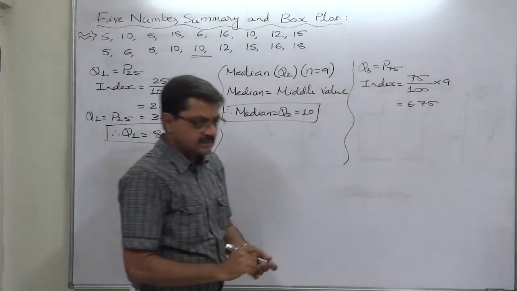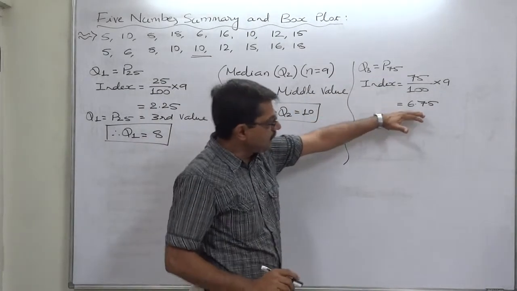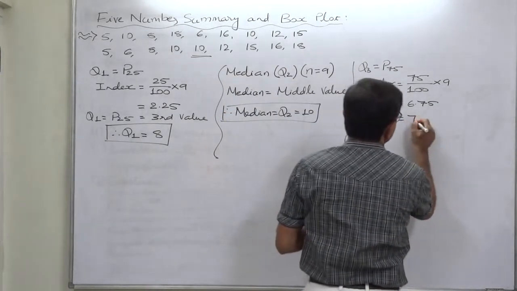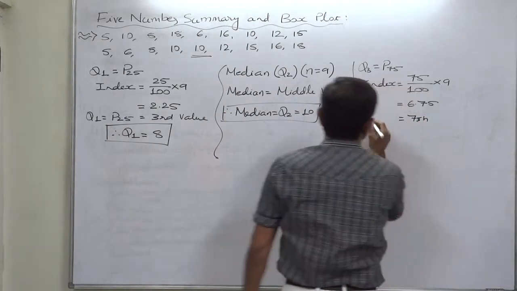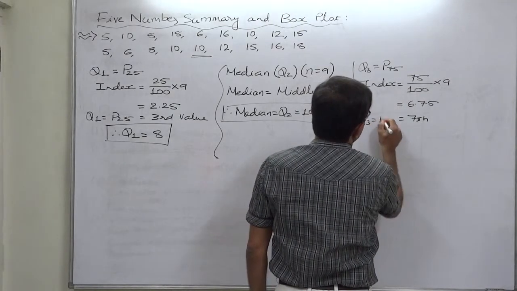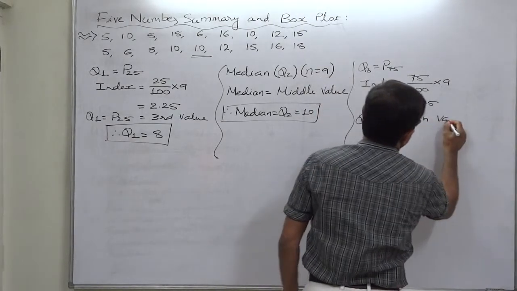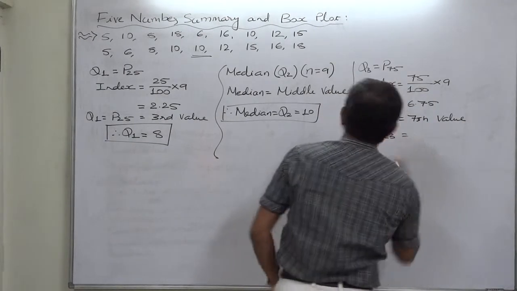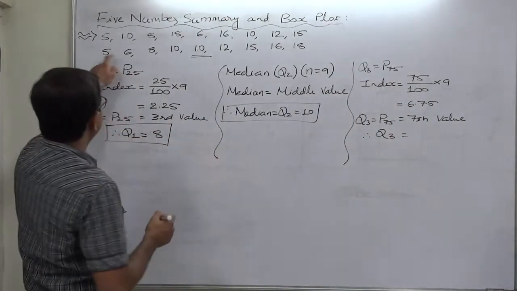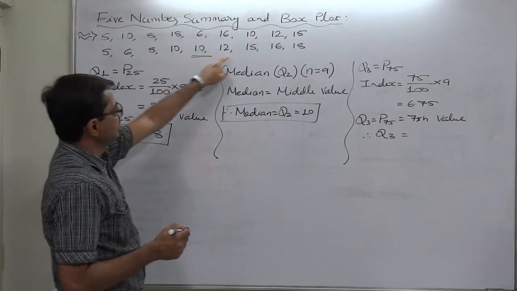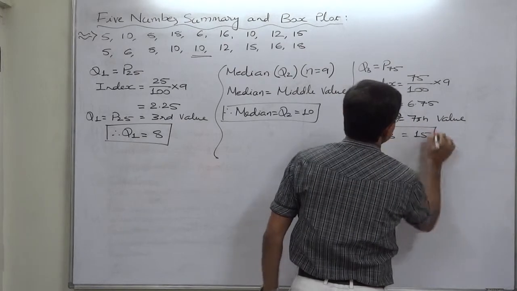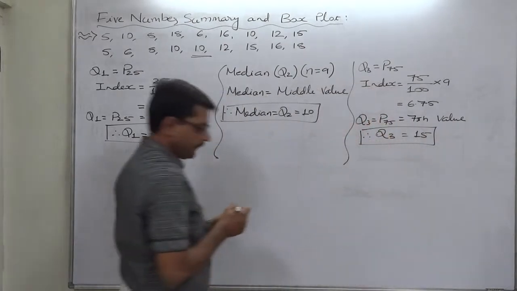The rule says that if the index is not an integer value, then go to the next integer value, that means the 7th value. So our Q3 or P75 is the 7th value. Now which one is the 7th value in our data? 15. 1, 2, 3, 4, 5, 6 and 7. 15 is our 7th value. So Q3 is 15.